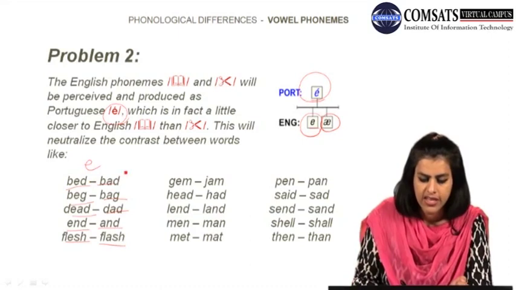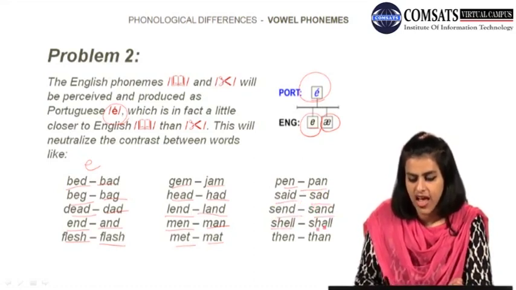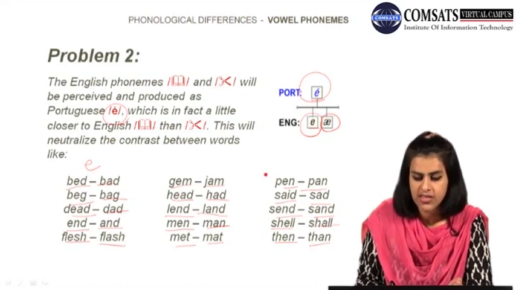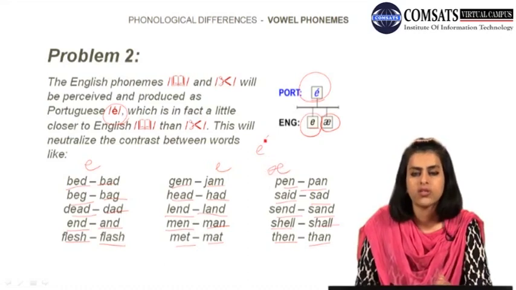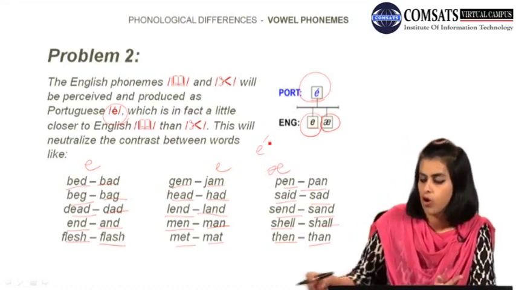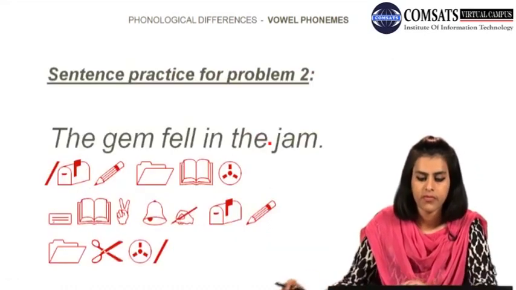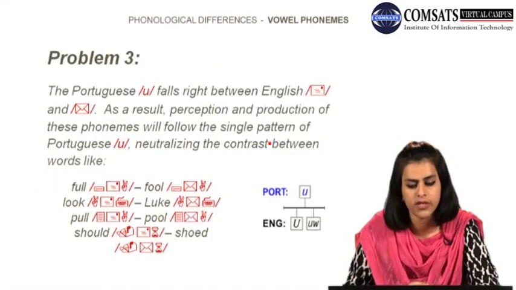Jam and jam, head and hand, lead and land, men and man, met and mat, pen, pan, said, sad, send, sand, shell, shall, then, than. So this A sound and this E sound can be pronounced as the A sound in Portuguese, which can create problems for the understanding of a Portuguese reader. The gem fell in the jam. This is our sentence practice for problem number 2.